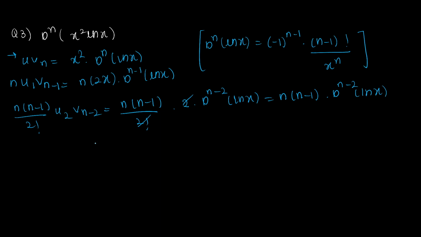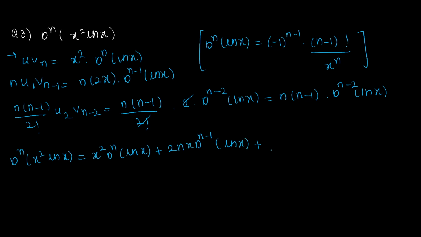Okay, so I have all the three terms. I'll be writing the final result as dn x square ln x is equal to x square dn ln x plus 2nx dn minus 1 ln x plus n into n minus 1 dn minus 2 ln x. This is my final answer. I think this is clear to you guys.